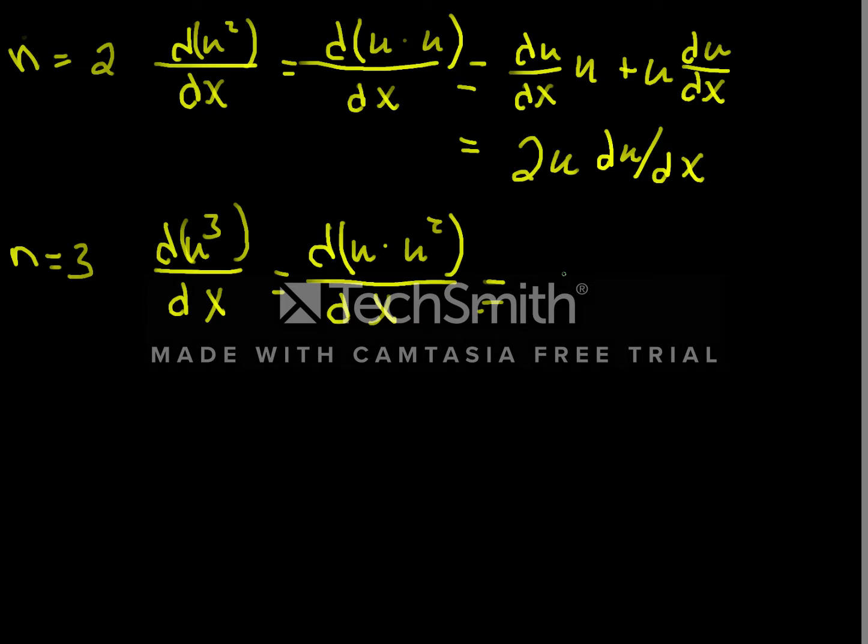The product rule says it's du/dx times u squared plus u times d(u squared)/dx. This we can't reduce anymore, but this one we just calculated before.